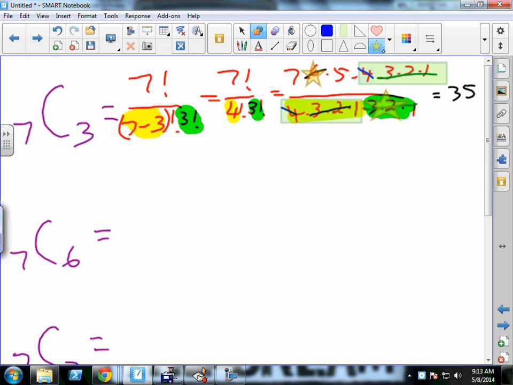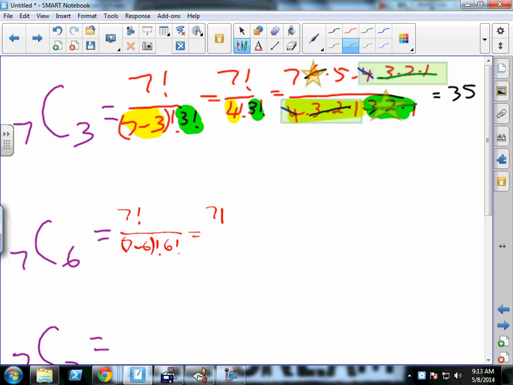So real quick, while we're here, let's go ahead and crank out a few more of these. 7 choose 6 would be 7 factorial over 7 minus 6, the quantity factorial, times 6 factorial. That's 7 factorial over 1 factorial times 6 factorial. That's 7 factorial over 6 factorial. This is so cool what happens. Watch.